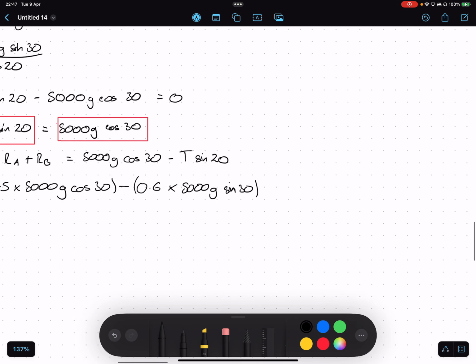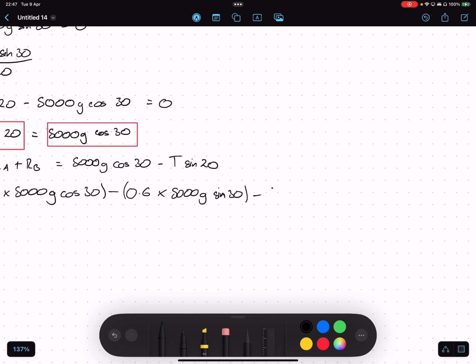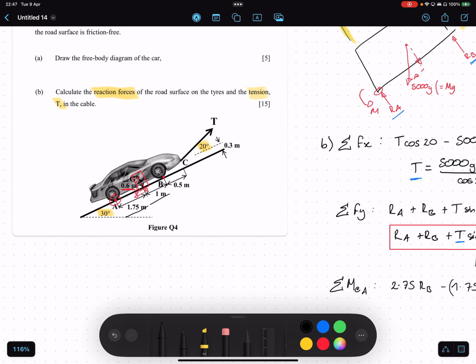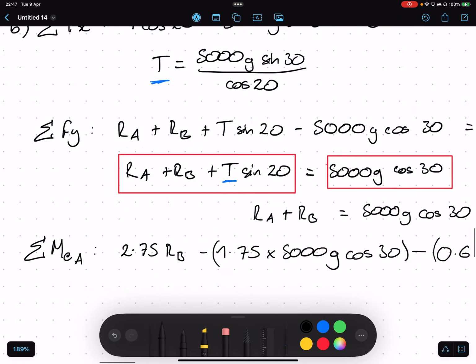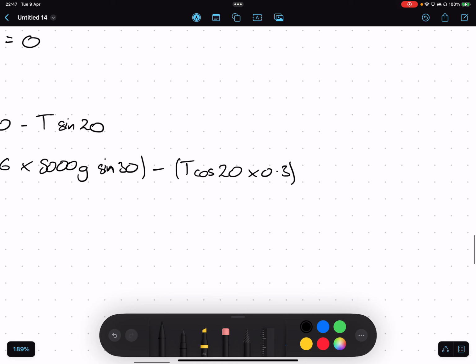And then let's consider also the tension, so minus brackets T cos 20 times by 0.3. Let's consult what we have here. Again, cos 20, as we have this component here acting at some distance away, which is going to induce some torque, some moment.